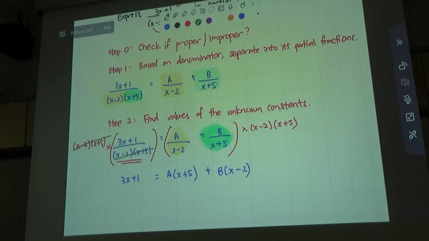After that, for the fractions individually, I multiply individually, because everything together on the right side must be multiplied by the same thing. That is the idea of balancing an equation. So I can cancel this with this, that's why I get A times (x + 5). Looking at the second fraction, the green one on the right, I can cancel this with this. That's why I get B times (x - 2).